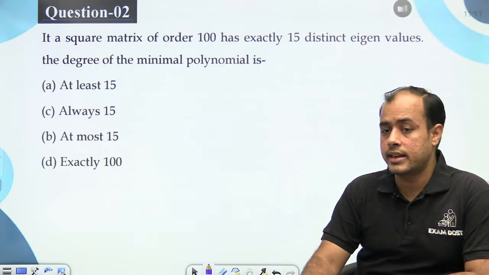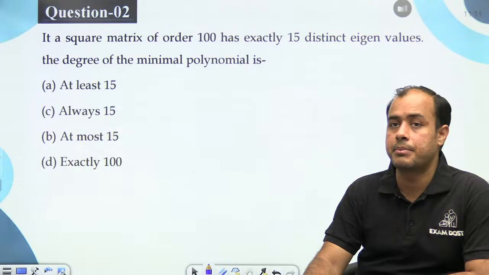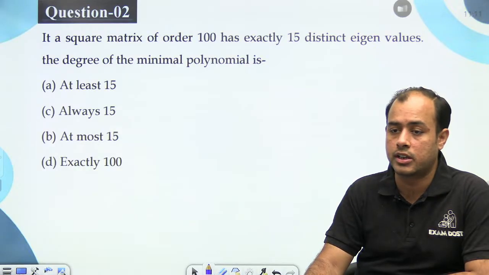A square matrix of order 100 has a minimal polynomial of the order of, if it has 15 distinct eigenvalues.